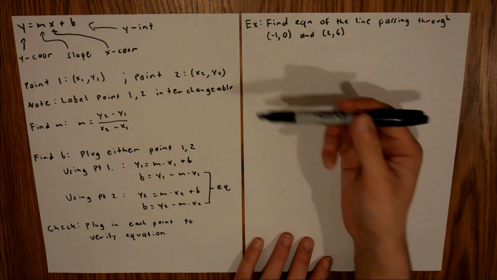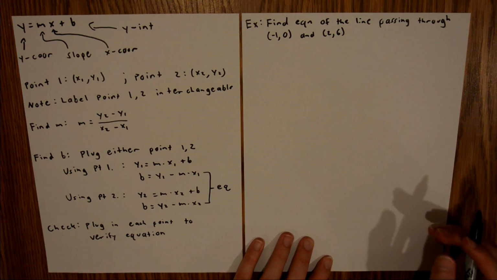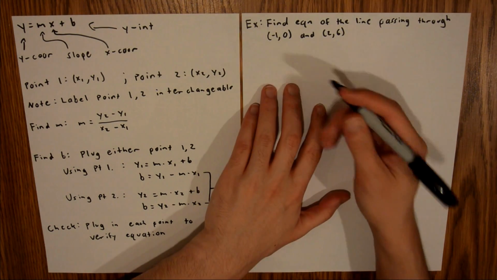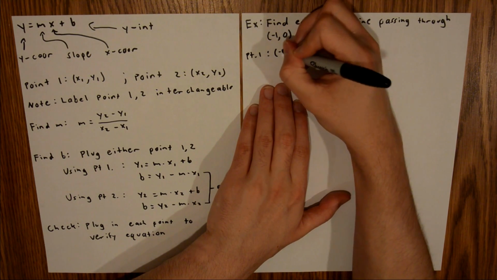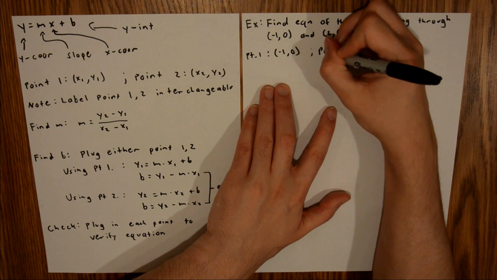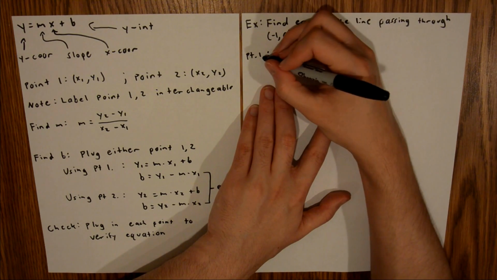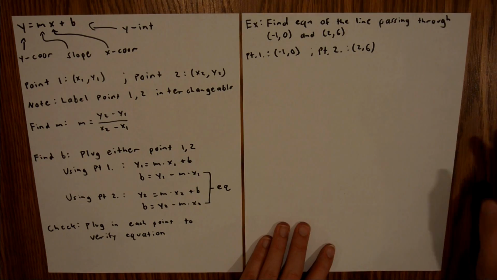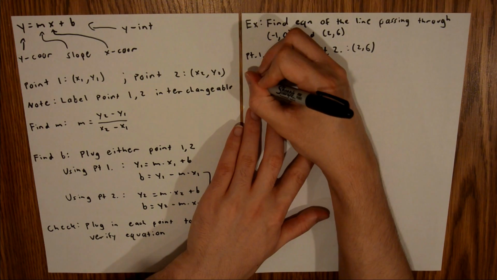And so according to our process over here, the first thing we want to do is label our points 1 and 2. As I said, it doesn't matter which one you label point 1 and point 2. What I'm going to do is say that point 1 is (-1, 0), and point 2 is (2, 6).